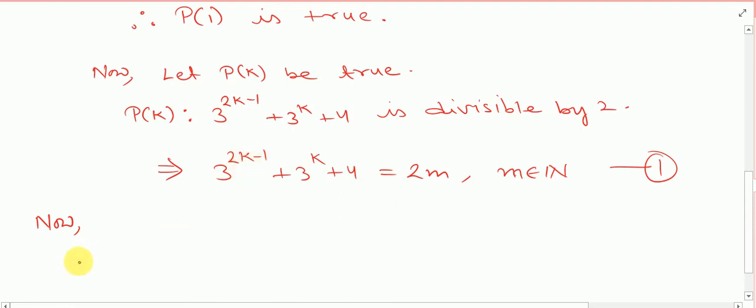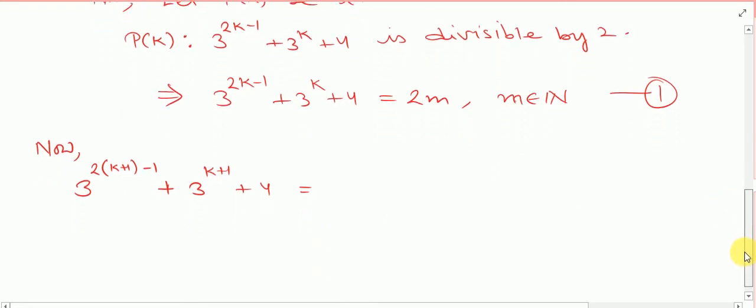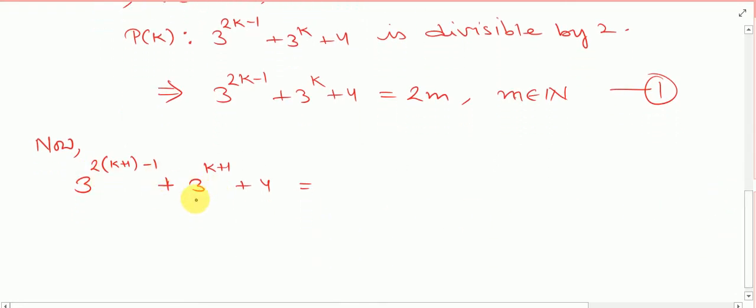So now 3 to the power 2 times k plus 1 minus 1 plus 3 to the power k plus 1 plus 4 is equal to, now we have to simplify this, and sometimes we have to manipulate also so that we can get exactly this, so that we can replace that by 2m.